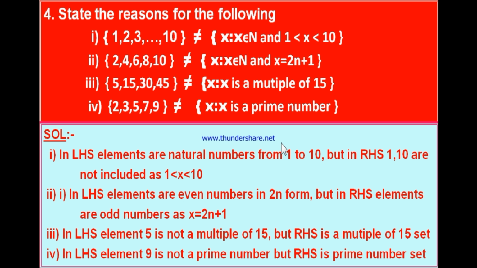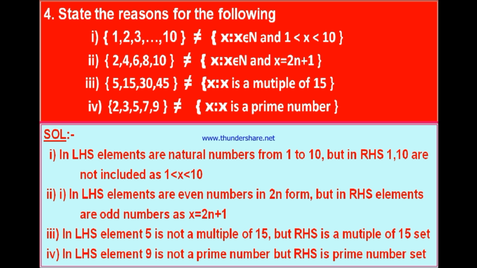Do you know what a prime number is? When can you say that a number is prime? Good. If a number has only two divisors, only two factors, then that number is called a prime number.